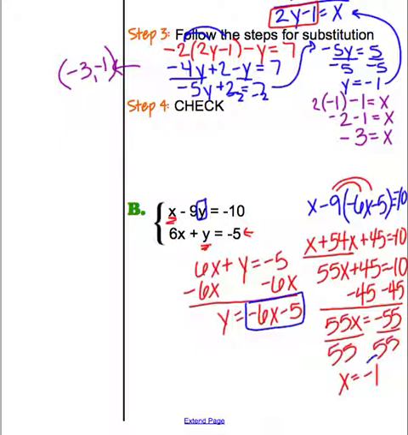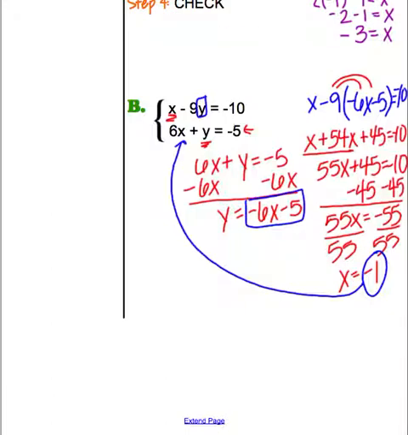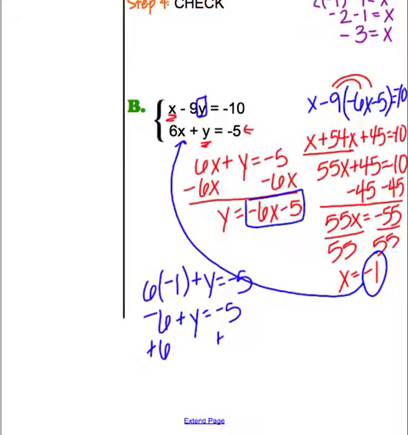Then I take that negative 1, and I'm going to put it back into my original equation, giving me 6 times x, which is negative 1, plus y equals negative 5. 6 times negative 1 is negative 6, plus y equal to negative 5. Add 6 to both sides, giving me y is equal to 1, which means my ordered pair solution that you will need to check before you move on is going to be negative 1, 1.